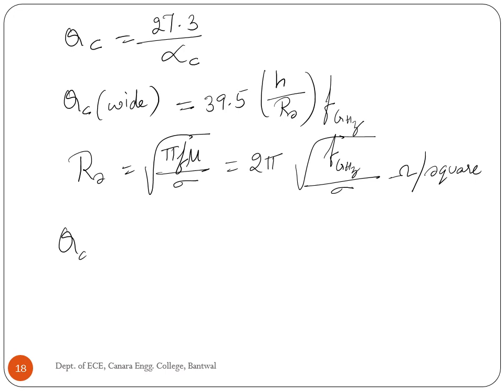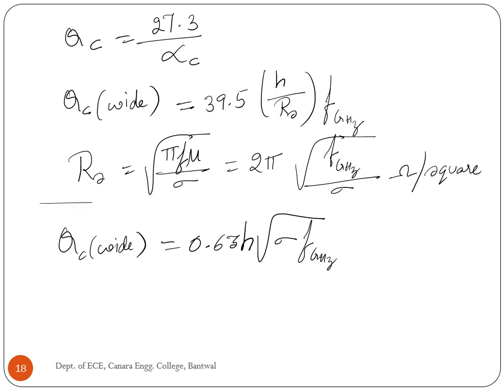Therefore, quality factor for wide microstrip line is 0.63 H root of sigma frequency in gigahertz.